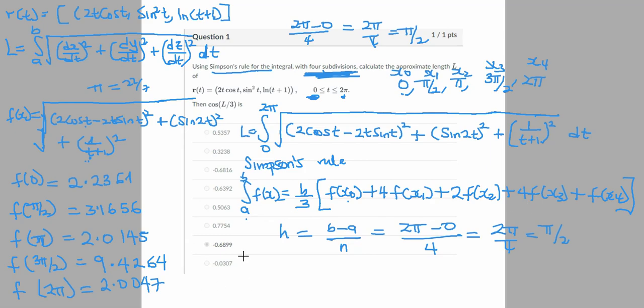So that means our integral from a to b of f of x is now equal to h over 3, which is pi over 2 divided by 3.